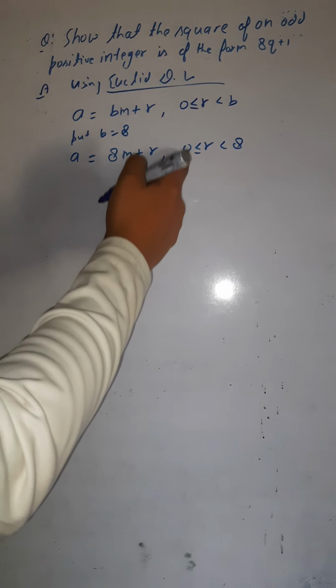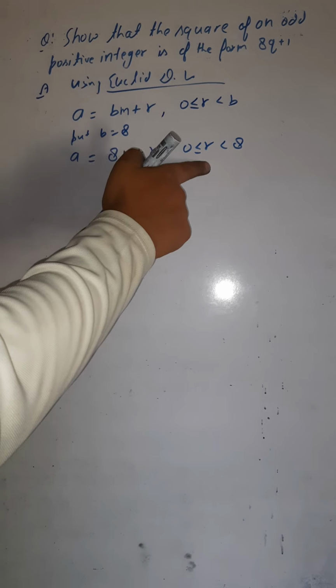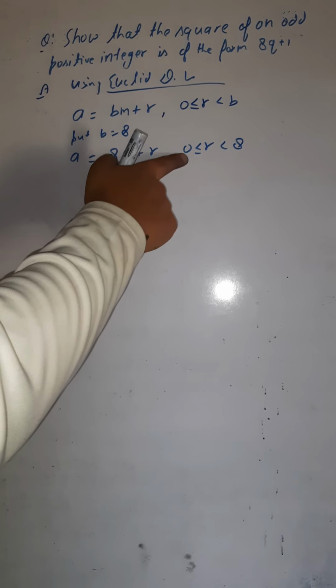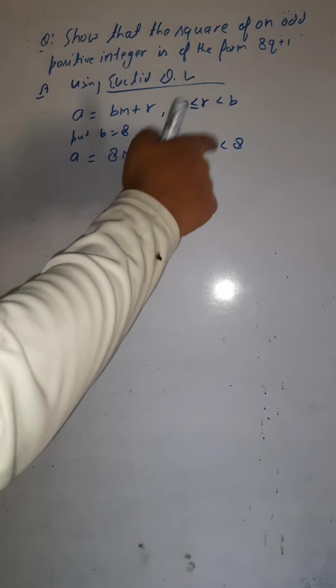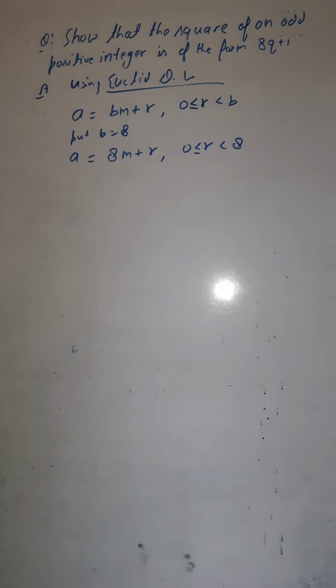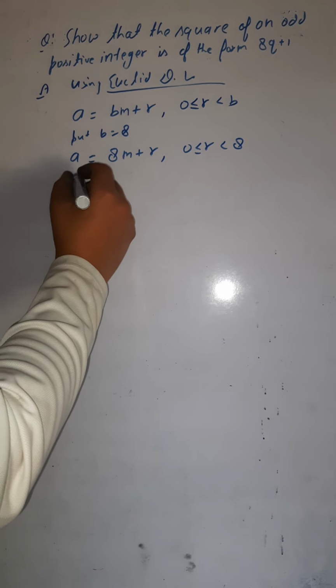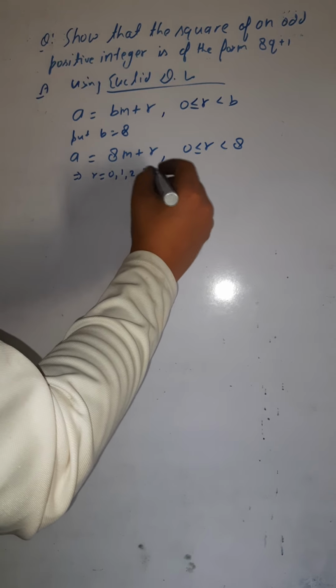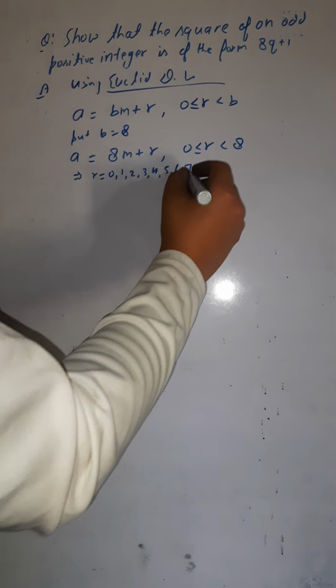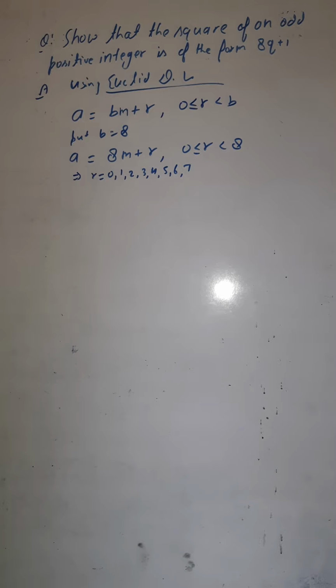R can be 0, r can be 1, because it is greater than or equal to 0. Okay, so r could be 0, 1, 2, 3, 4, 5, 6 and 7, not 8, because r is always less than 8 here. So it implies r is 0, 1, 2, 3, 4, 5, 6, 7. These could be the values of r.